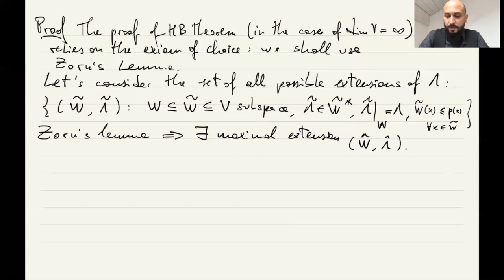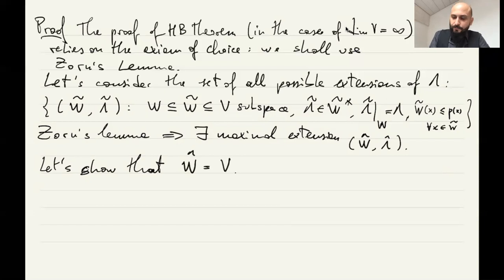Now let's prove that this extension is actually an extension for the whole space. So let's show that W hat is equal to V. We'll do it by contradiction, assuming that this is not the whole space, take an element in the difference and extend it by one more element, contradicting the maximality of this extension.